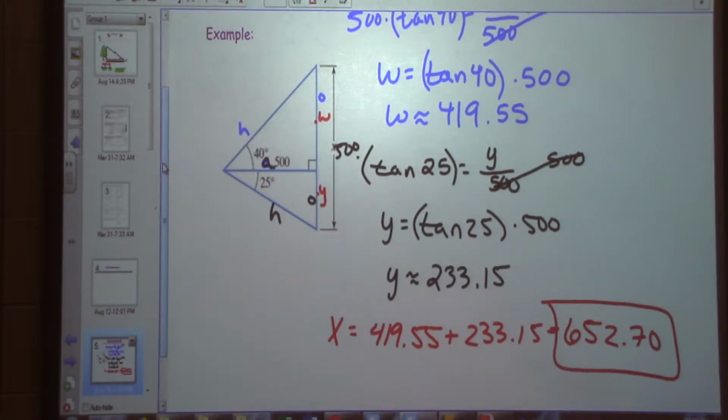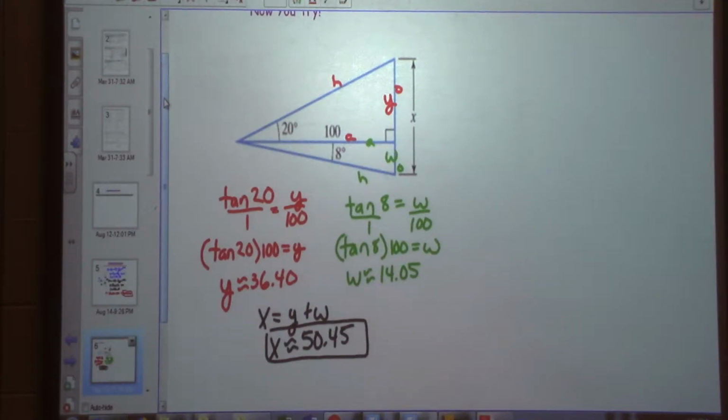Got it. Let's see. Check how we did. Right?